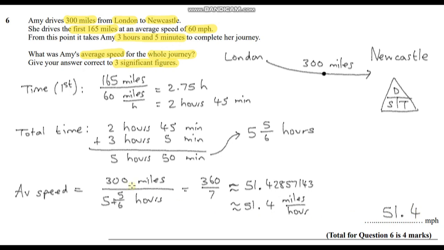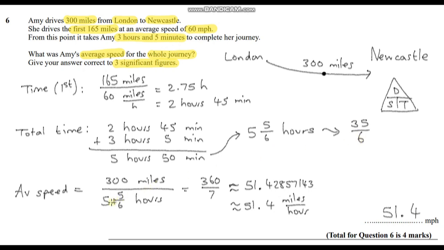So I would just say be really careful on this last bit. You don't have to write 5 and 5/6 hours. You could also convert this to an improper fraction. 5 times 6 is 30, 30 plus 5 is 35. So you could also write 35 over 6.